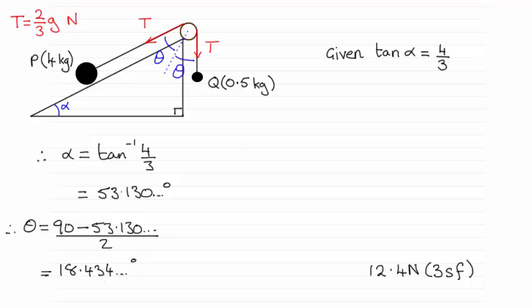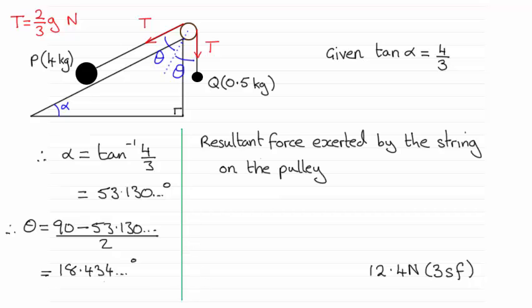So now that I've got angle theta, I should be able to get that resultant force exerted by the string on the pulley, because that resultant force is going to be equal to the two components of those tensions in this direction.